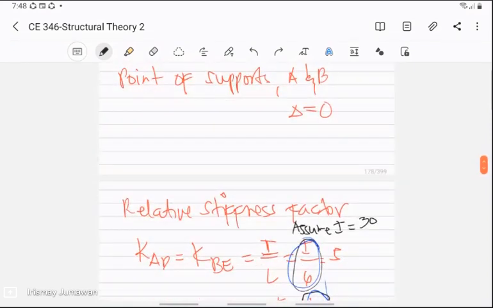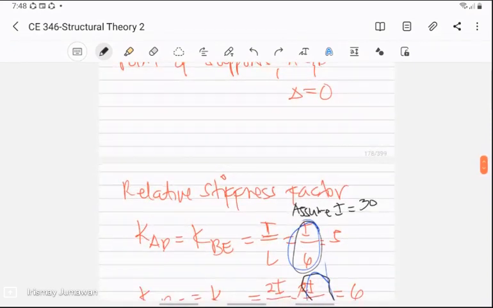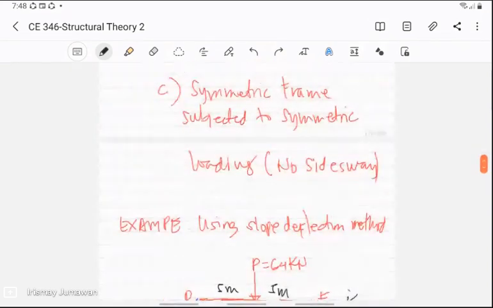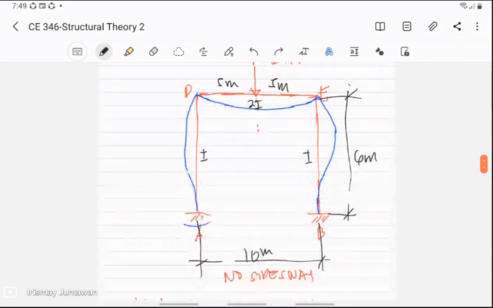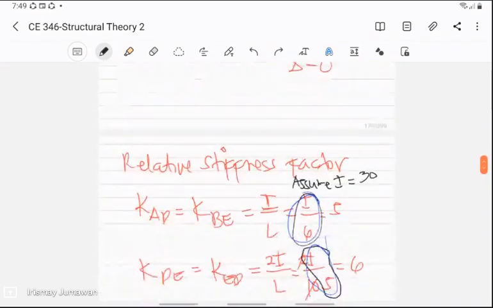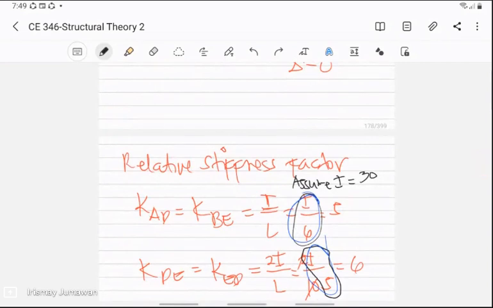For the beam stiffness factor, we have I over L. The I for members AD and BE is I, and for member DE it is 2I. So we substitute it to the formula: I over 6 for member AD, and 2I over L for member DE.